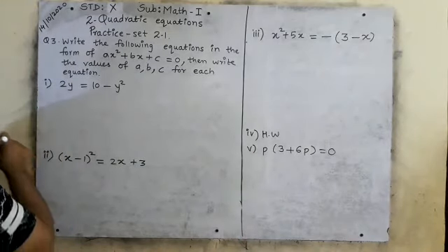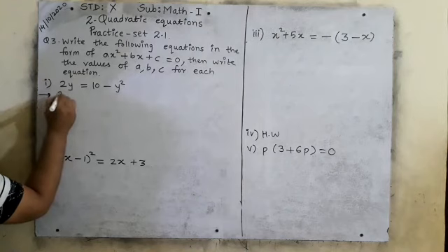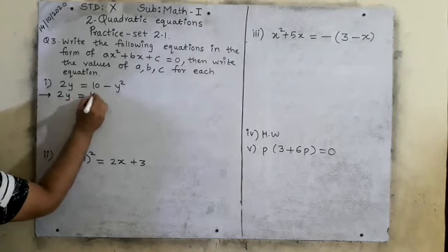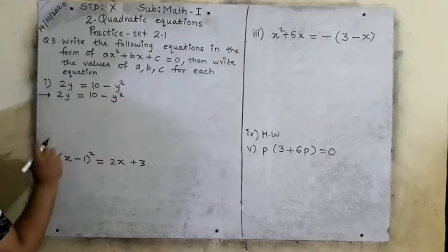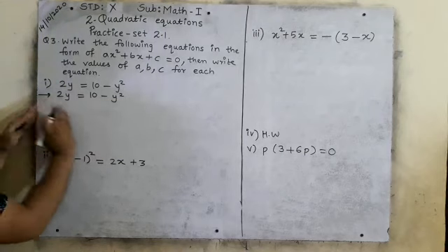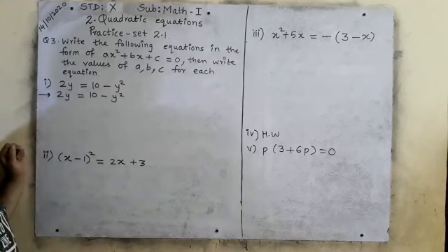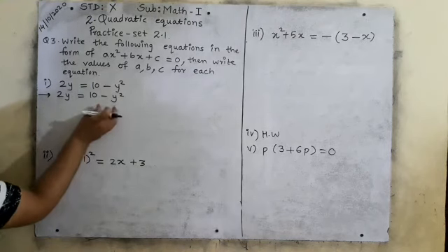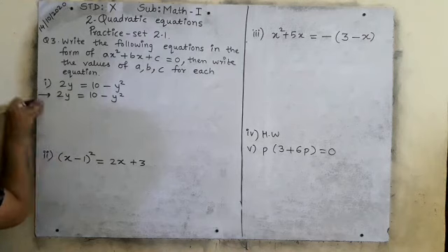So this is the equation. First I will write the question as it is. 2y is equals to 10 minus y square. So we know that everything should be on the left hand side and the other side should be 0, right? So we will take all these terms to the left side.